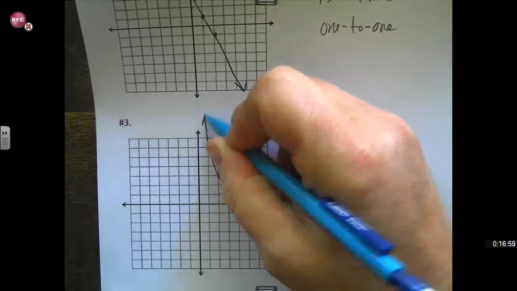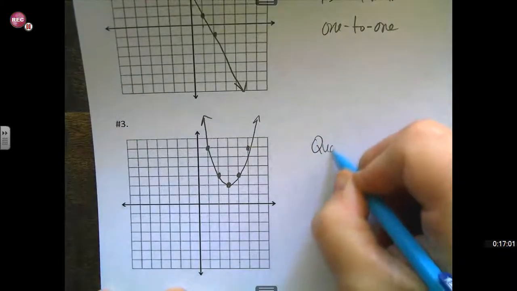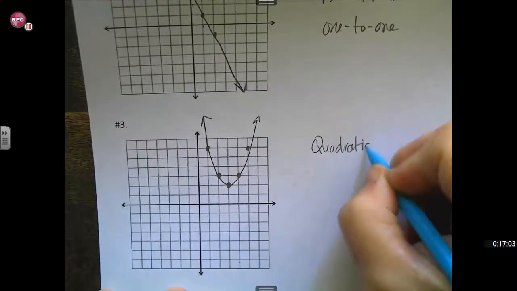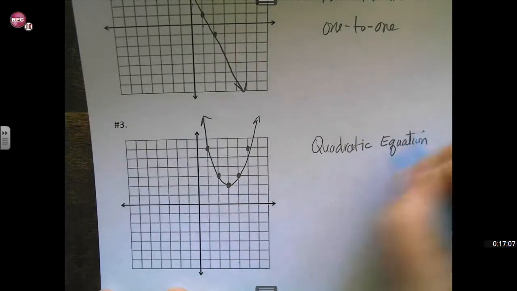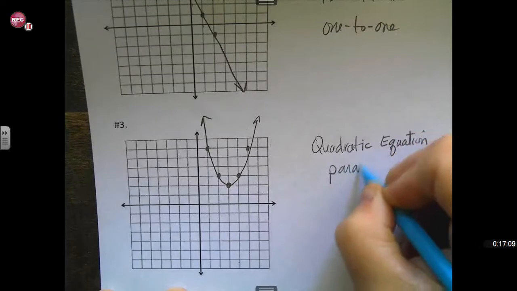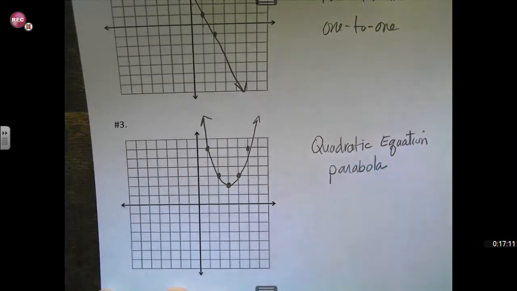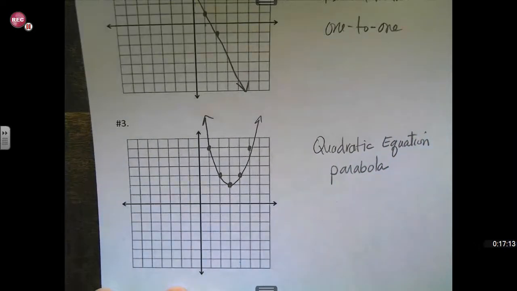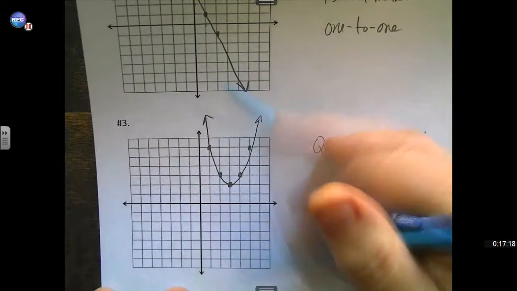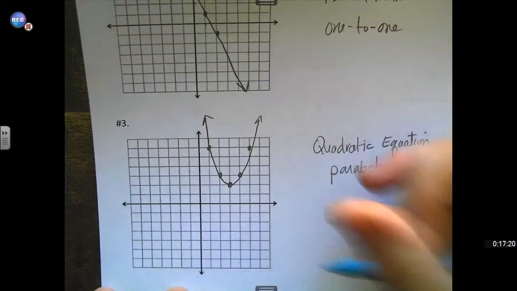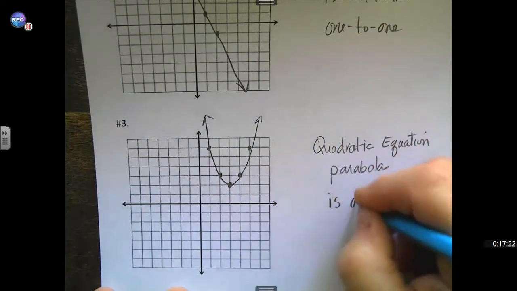And this is a quadratic equation. Its graph is a parabola. And as you can tell, it's a function because it passes the vertical line test. It only crosses each one once. Okay, so it is a function.